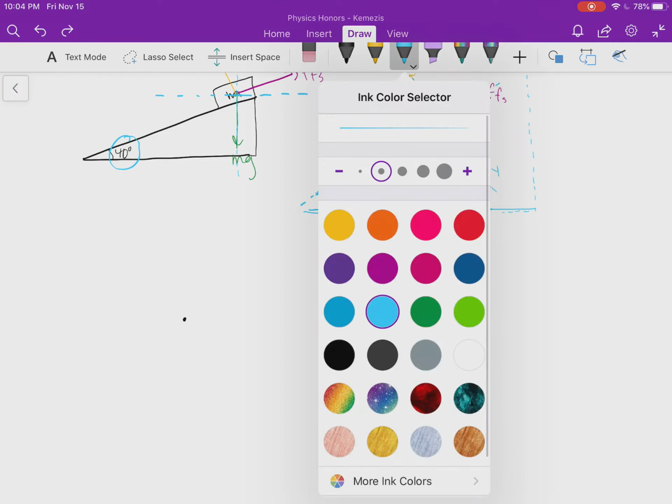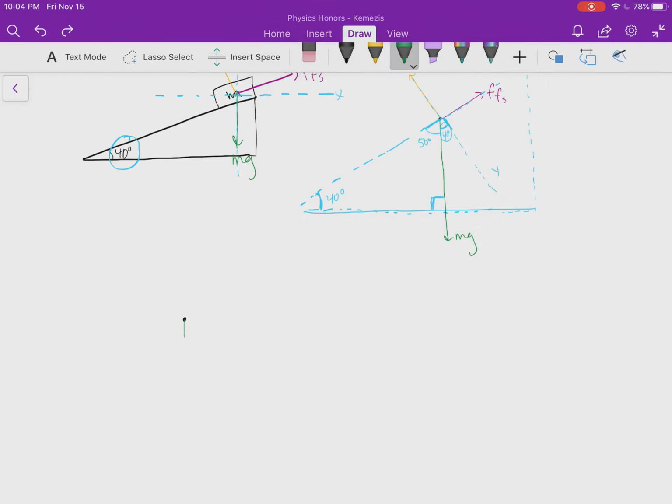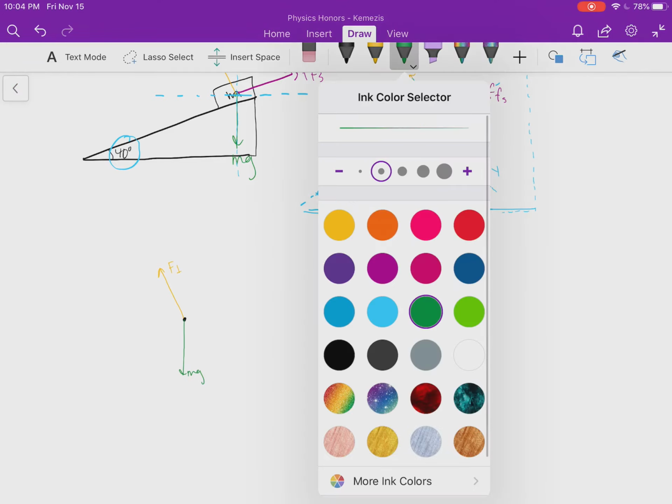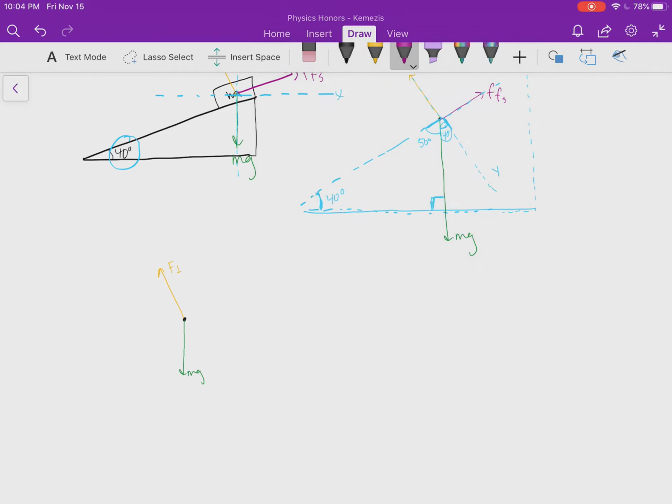So we have our free body, we have our mg going down this way, we have our normal going this way, and we have our friction, going this way.